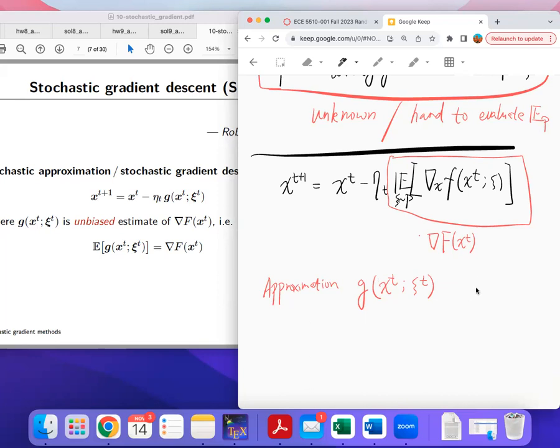Again, ξ_t is generated from that underlying distribution. For example, you can collect some human face images, right? When you collect those images, you are basically drawing samples from the underlying distribution of faces. We don't really know the underlying distribution, but what we usually have is some realistic samples that we collect in practice.